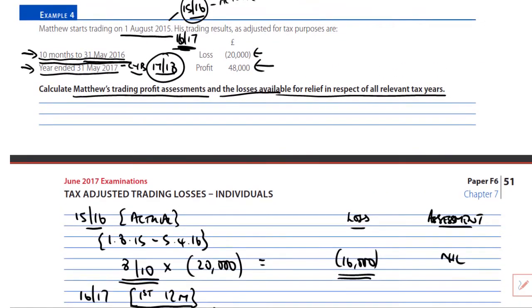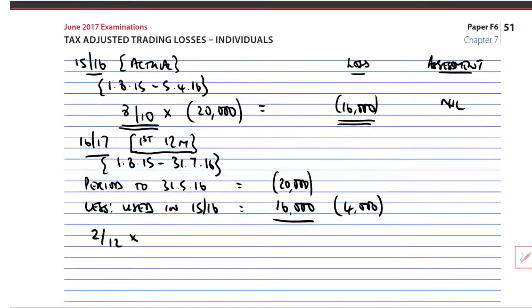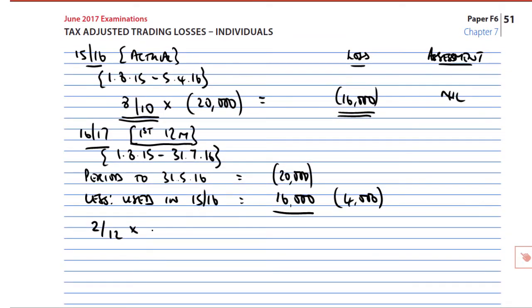Well, how much was that? That there was a profit of £48,000. So into our calculation now, 2/12 of £48,000. What will that equal? Well, that's going to be 8,000.